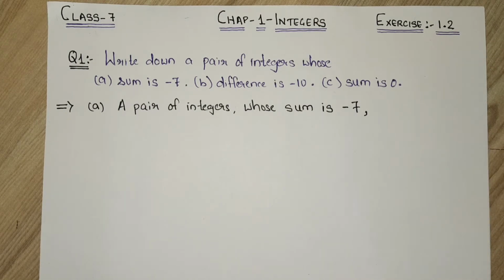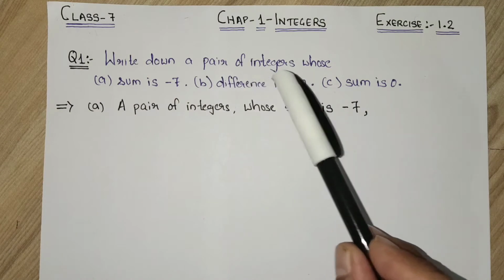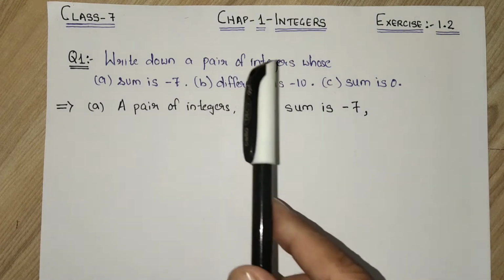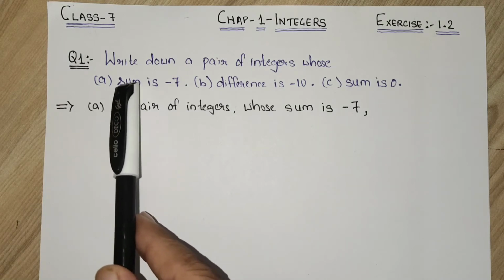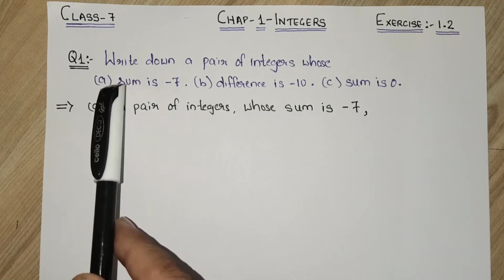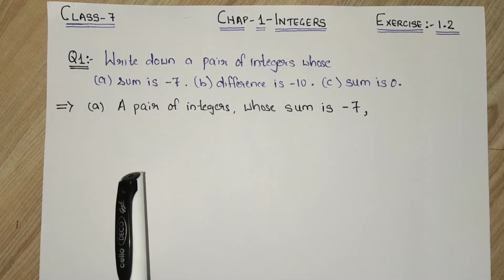What are they asking us to do? They are telling us that we have to write down a pair of integers, that is two integers, whose sum, if we add them, will be -7.